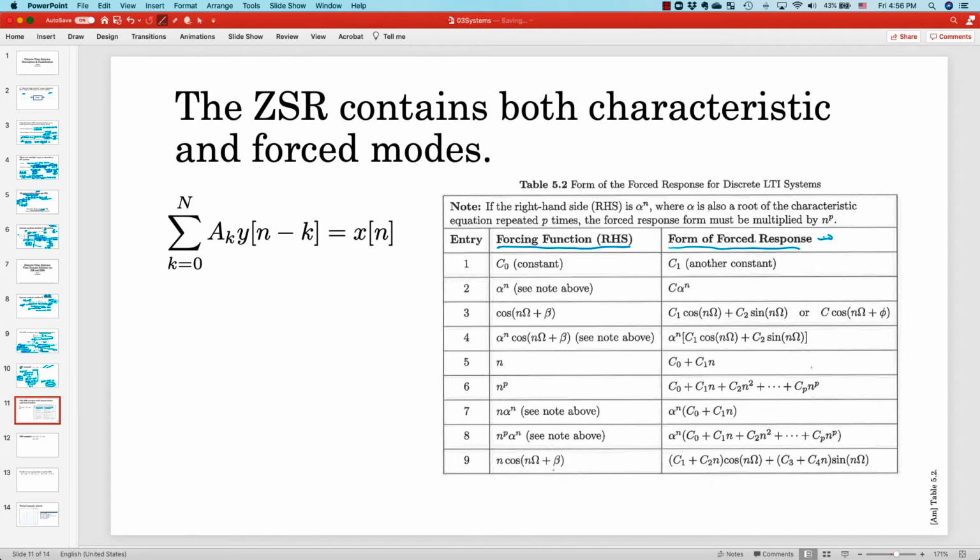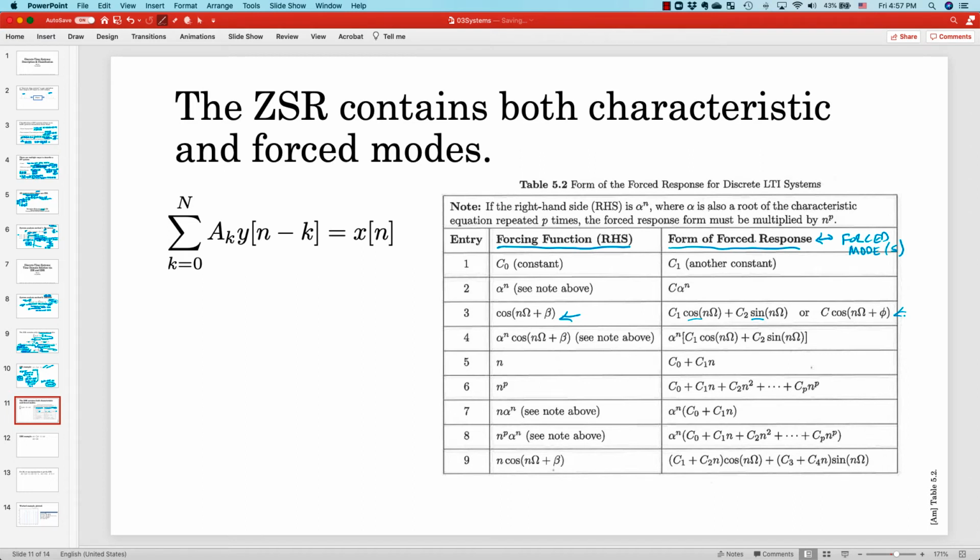And another name for this column would be forced mode. If the forcing function is a constant, then the forced mode is another constant. If the forcing function is a phase-shifted cosine, then the forced modes are either the sum of an unshifted sine and cosine, or a different cosine with a different phase shift.